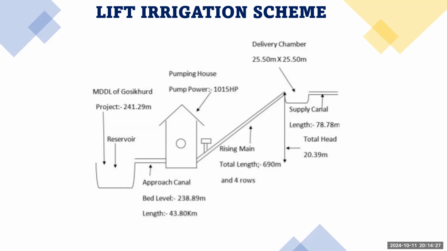When we say a lift irrigation scheme, we have discussed it in types of irrigation. A lift irrigation scheme is implemented when the point of delivery, that is the command area, is at higher elevation than the source of water. When the source of water is at lower elevation and the delivery point is at higher elevation, the water needs to be lifted through rising mains.